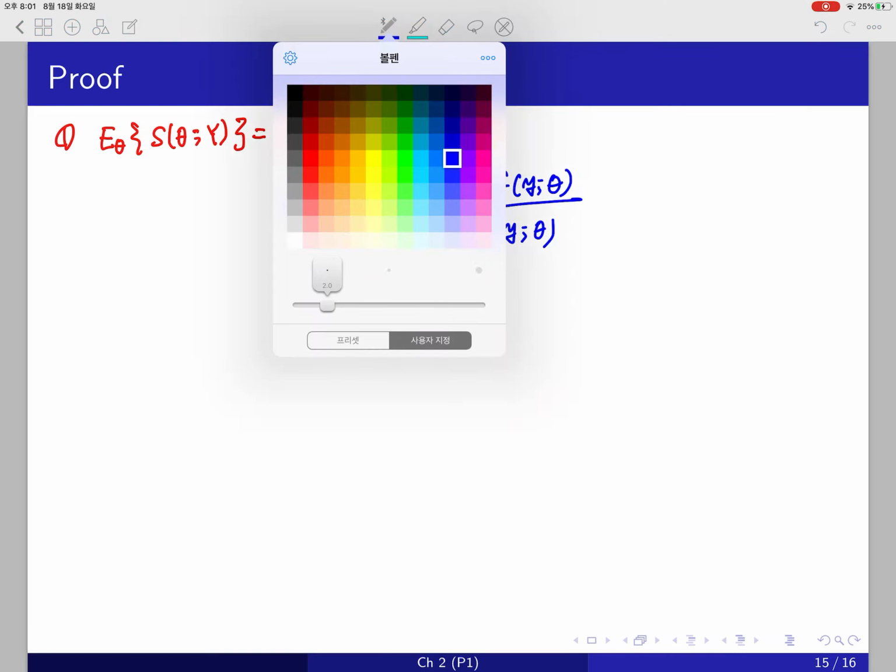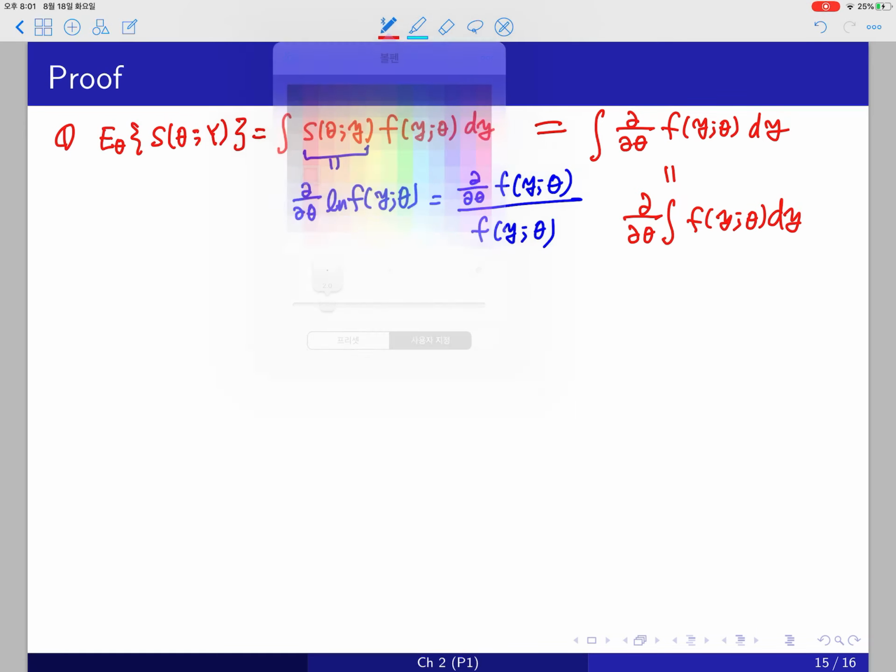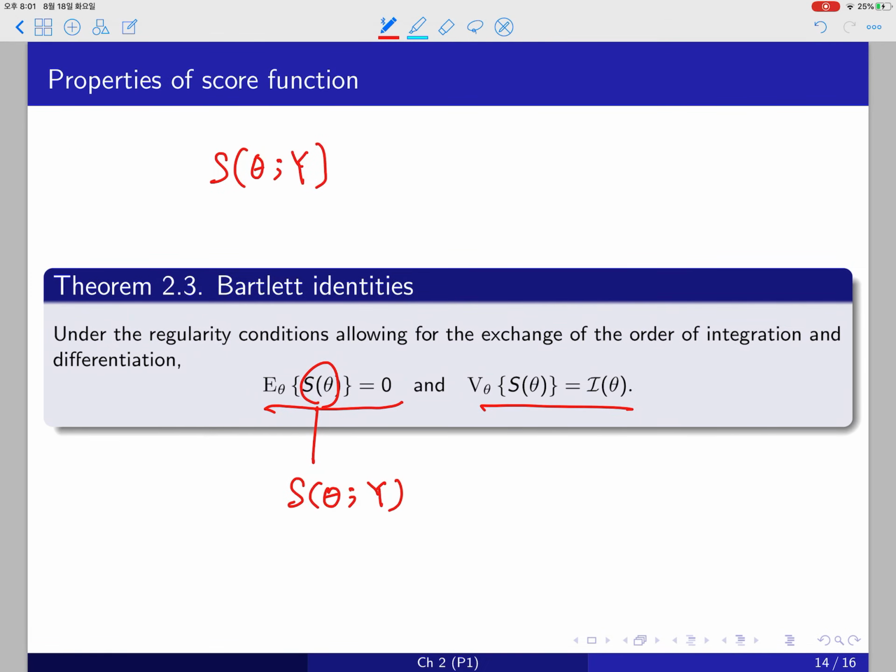Then by applying this, you end up obtaining this. And under some conditions, this is actually the assumption: the condition that allows the exchange of the order of integration and differentiation.